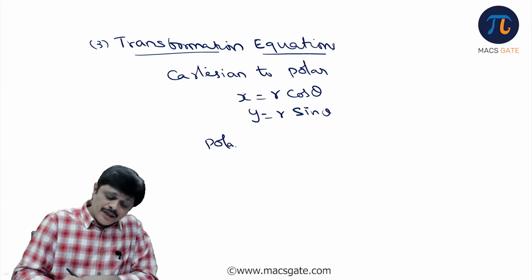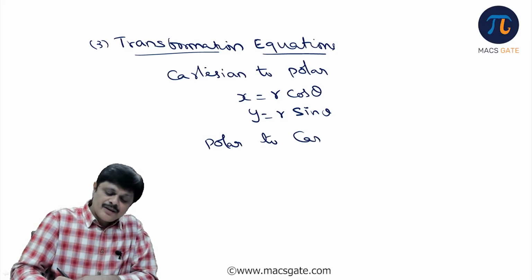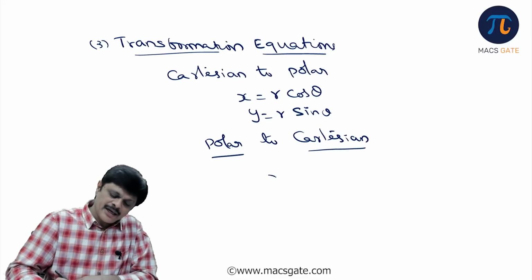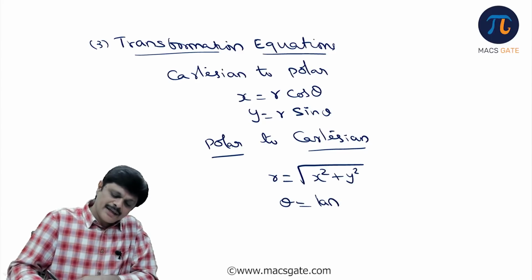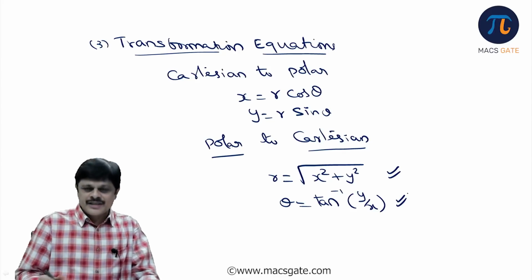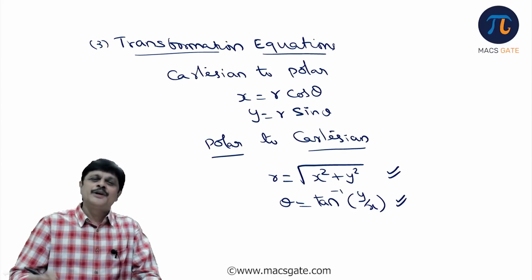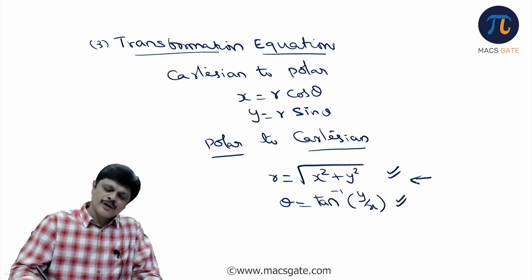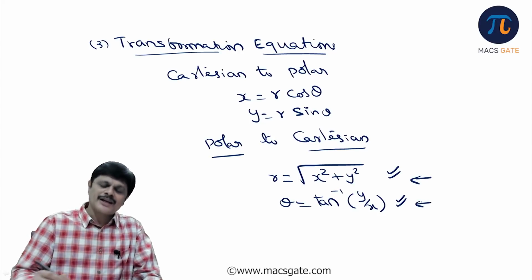What about polar to Cartesian? The polar to Cartesian transformation equations are given by r is equal to under root x square plus y square and theta is equal to tan inverse y by x. These are the concepts which we need to fix here to express a complex number in polar and exponential form. This is what we call the modulus, and this is what we call the argument. Let us define them.